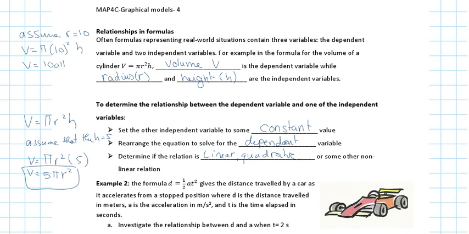Now looking at this relation, I have volume versus height. What kind of relation is this? Linear, because it's degree 1. So you see what's happening here? I started with 3 variables, but I'm setting one of the variables to be a constant, and then I'm going to determine what kind of relationship I have.